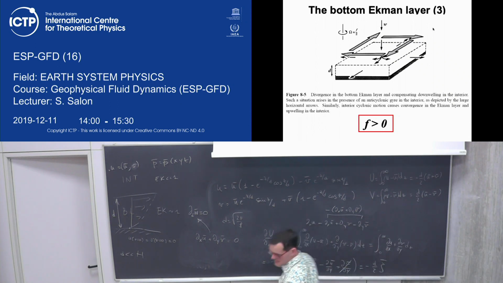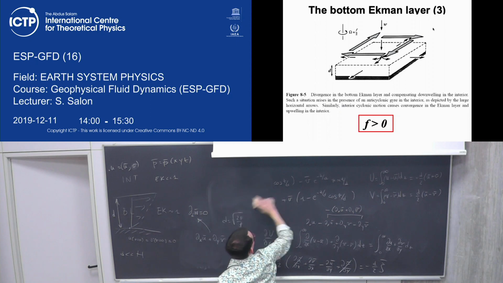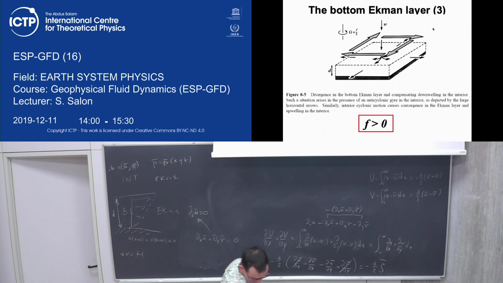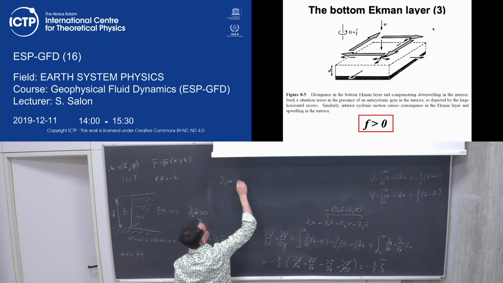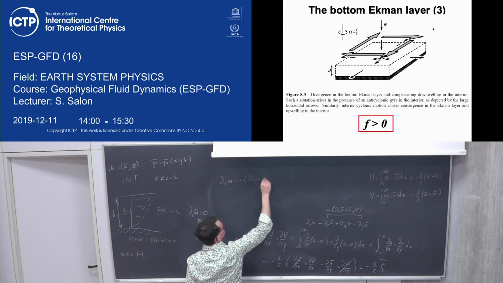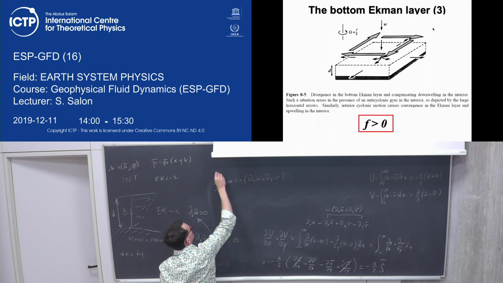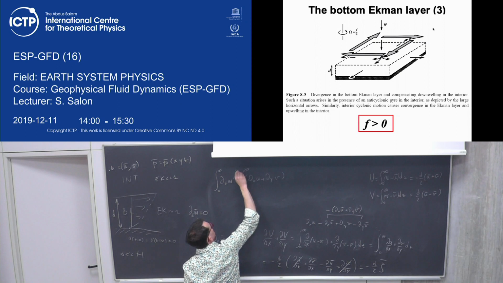Because if we take this, dz w is equal to minus dx u plus dy v. And we integrate again in z.